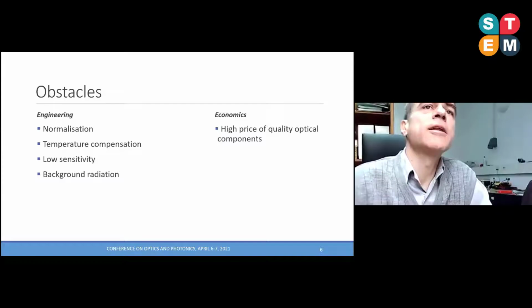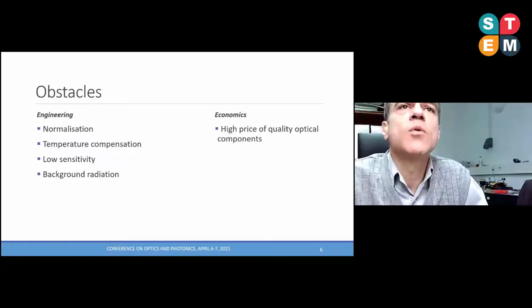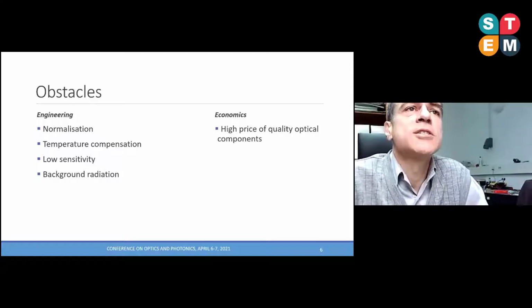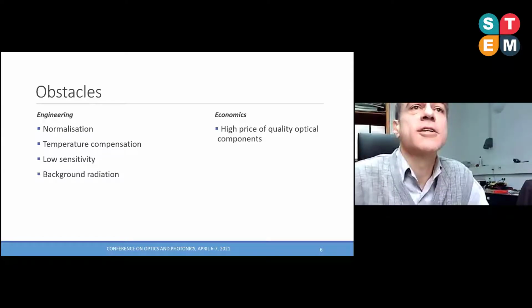On the other hand, optical components of necessary quality are still very expensive in comparison to electronic components. And that is a permanent problem. We are always trying to make our devices cost effective, but there are some components you just cannot exclude, like the Faraday crystal itself.